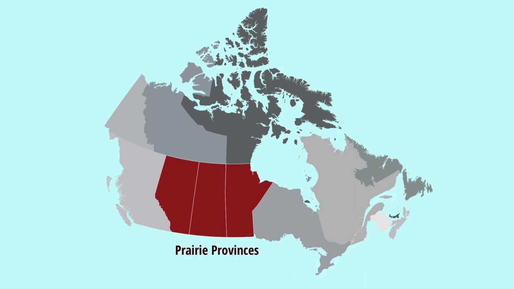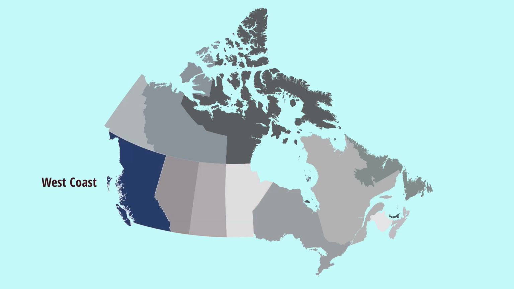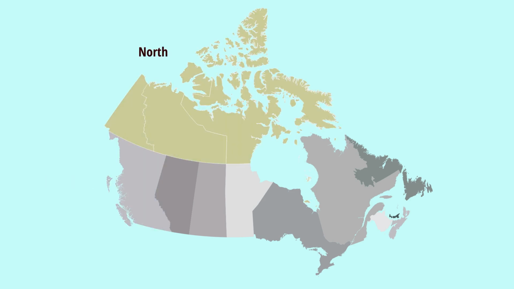The prairie provinces are Manitoba, Saskatchewan, and Alberta. The West Coast region is just one province, British Columbia. The coast of British Columbia is along the Pacific Ocean. And of course, the north is where Canada's 3 territories are, the Yukon and the Northwest Territories, as well as Nunavut.